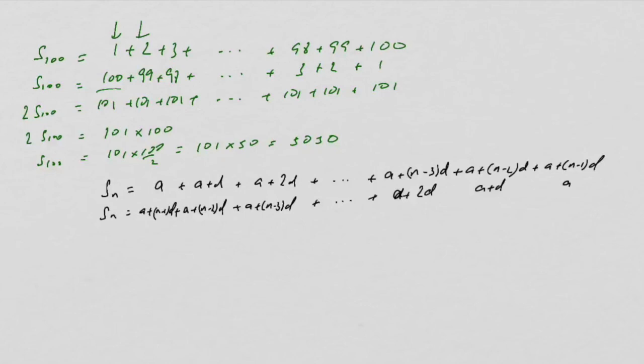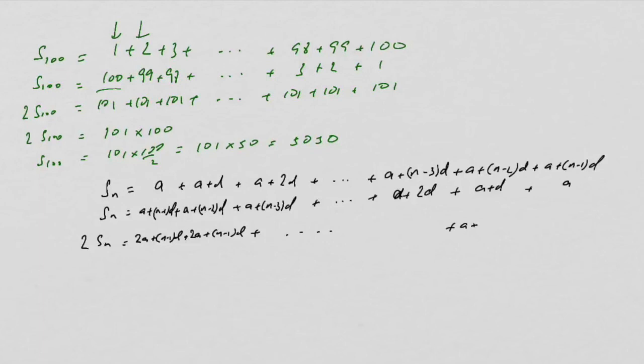And I never leave quite enough space at that end for those, but never mind, we've just about squeezed them in. And that then gives us 2 times the sum is 2a plus n minus 1d plus, now this one also adds up to that because we've got n minus 2d plus another d, so that gives us 2a plus n minus 1d.